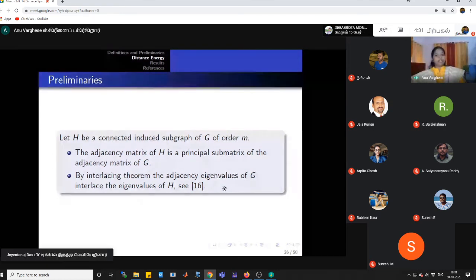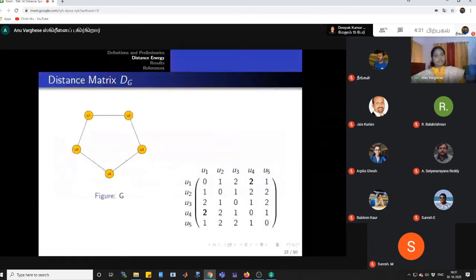This will not be true in general for the distance spectrum. This is a graph, C5, and we consider the entry between U1 and U4.